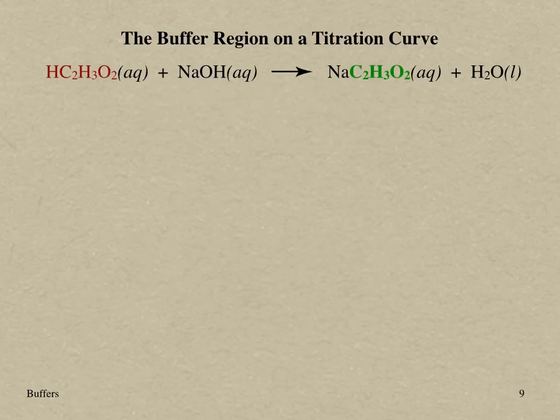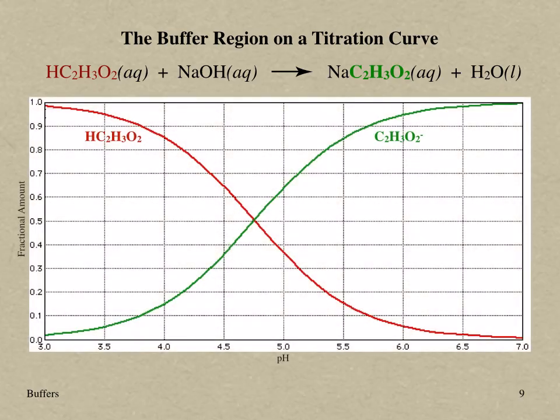Consider the reaction resulting from the addition of 0.1 molar sodium hydroxide to 17.5 mL of 0.1 molar acetic acid. The following curve shows what happens to the concentrations of acetic acid and acetate ion during the progression of this reaction. As base is continually added, the concentration of acetic acid goes down.